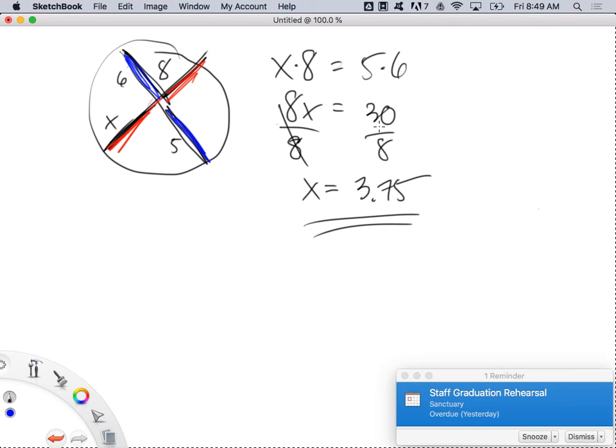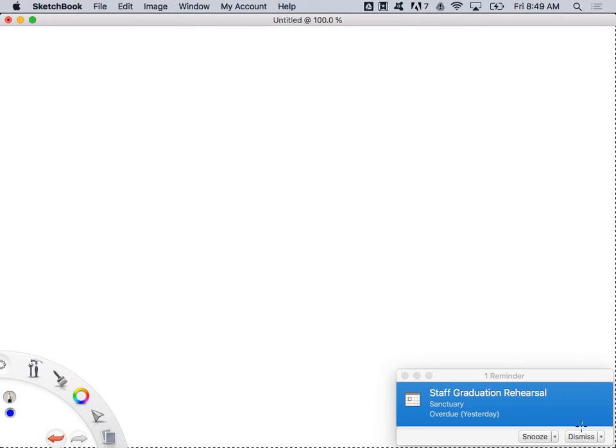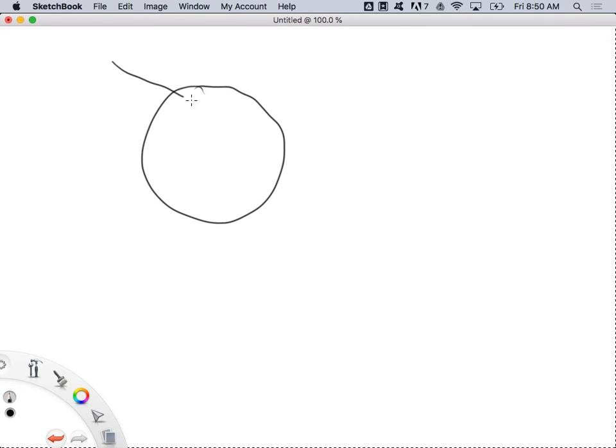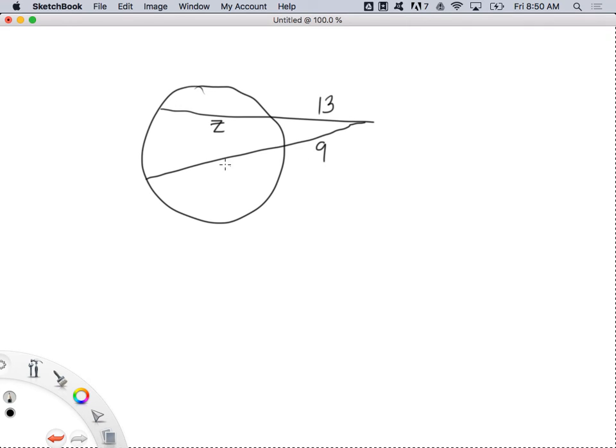Now, if it's on the outside, it gives an example like this. It says this is Z, this is 13, this is 9, and this is 30. Okay? Well, in this case, it's the exterior times the whole thing.